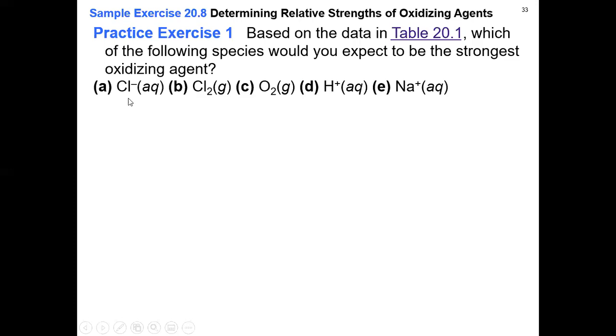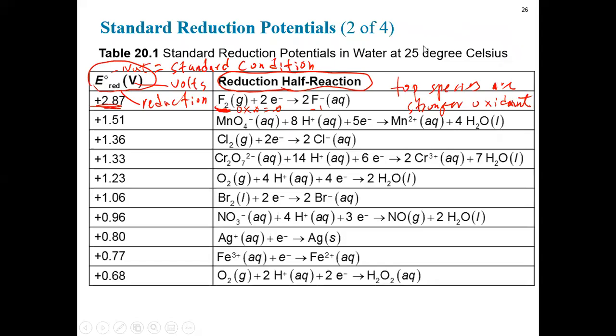The first one, chloride aqueous. The second one, chlorine gas. Number 3 is oxygen gas. Then we have a hydrogen ion, then sodium ion. If you go back to the table 20.1, we can see there are a few half reactions. We can see this chlorine here.